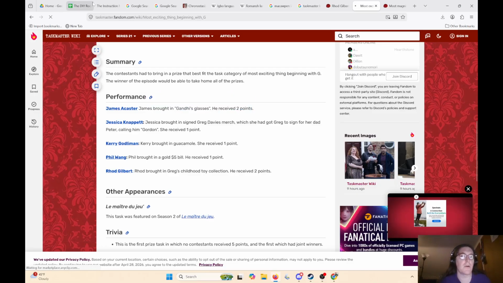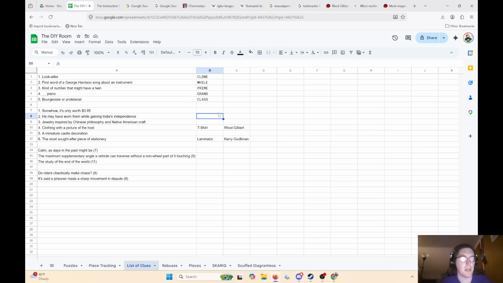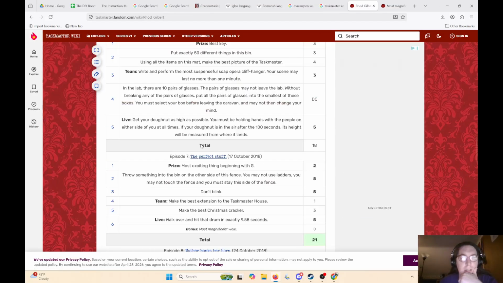Gandhi's glasses. Okay, this is James Acaster, Gandhi's glasses. Except that it's not the right one. I mixed up which it's that one. Okay, all right, well, we're getting somewhere.